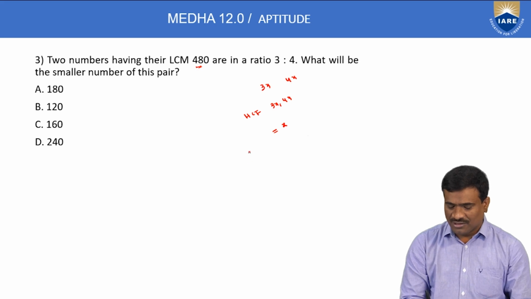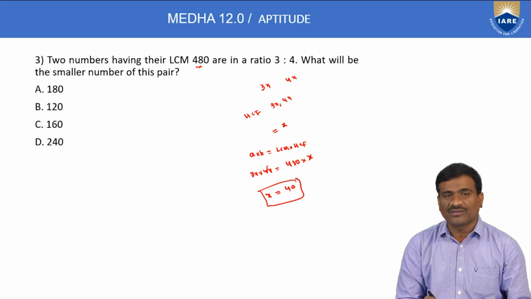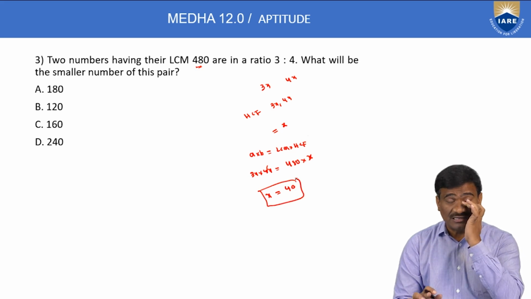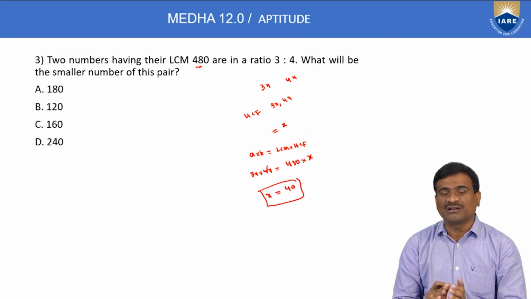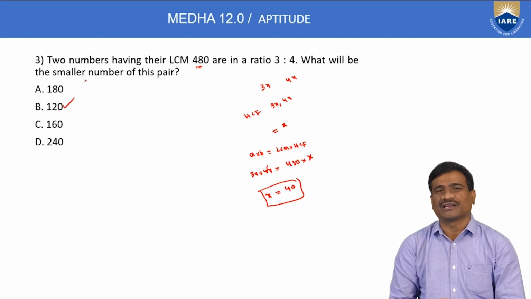Next method: the product of two numbers is equal to LCM into HCF. Product of two numbers 3x into 4x, LCM 480, HCF x. Then x is equal to 40. Then the first number is 3x, the second number 4x, the smaller is 3x, 3 into 40, 120. Option B is the only correct one.